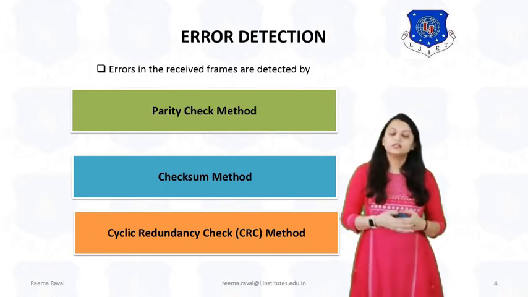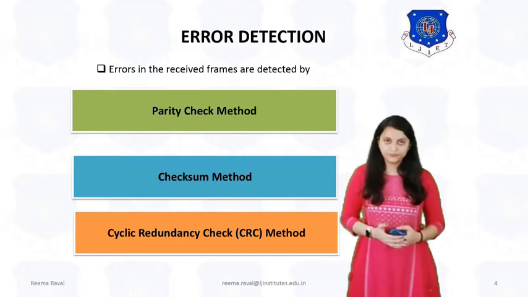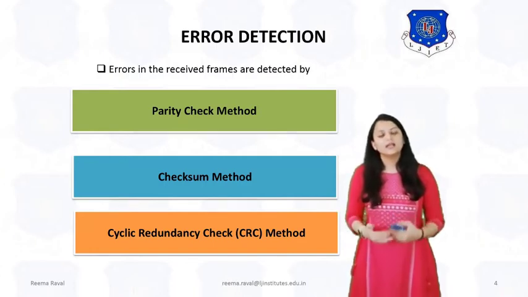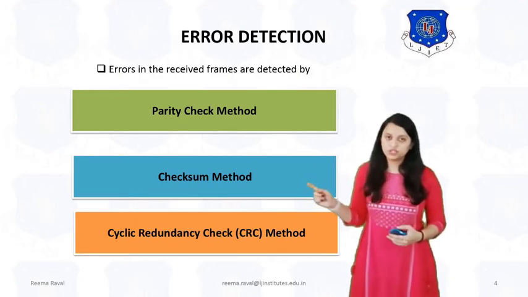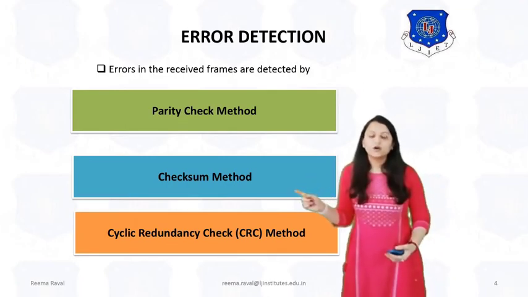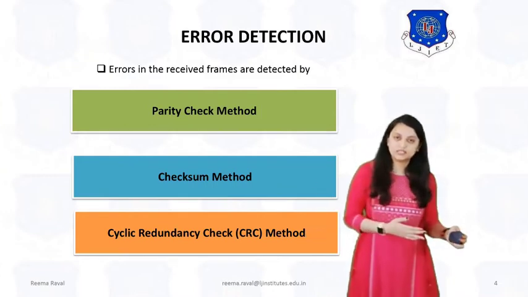Here the receiver and sender have to match the checksum produced. Let's say, for example, sender A has two consecutive data words. Using XOR logic, it produces the checksum, and the sender sends the data along with its checksum to the receiver.